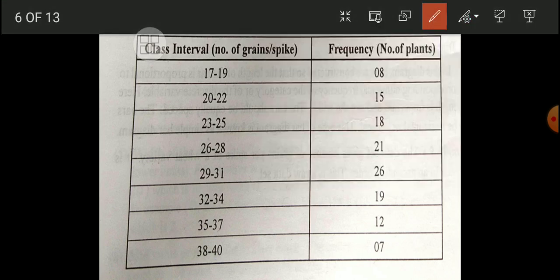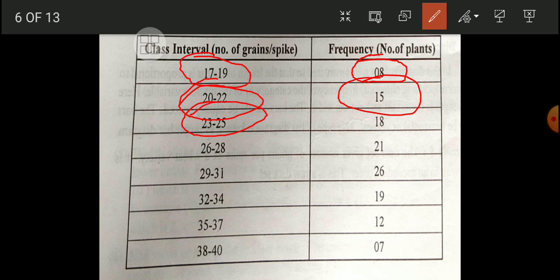Class interval 3: 17, 18, 19 means, my friends, number of grains per spike between 17 to 19, how many spikes are there? 8. 20 to 22, 15 are there. 23 through 25, that are 18. 26 to 28, 3. What is the gap here? It is 3. Class interval that is of 3.